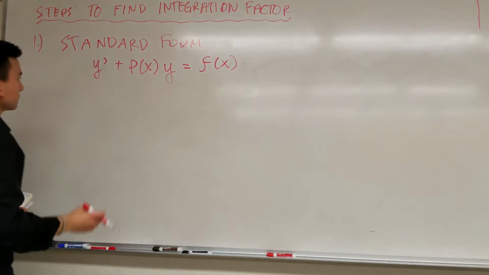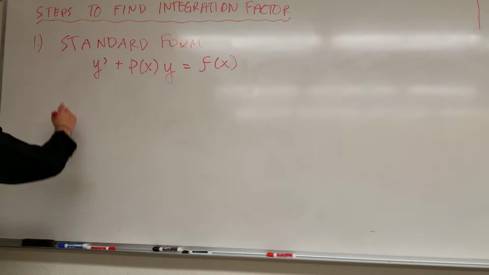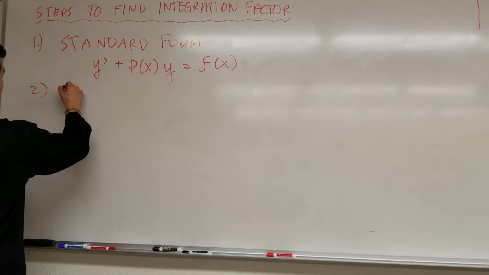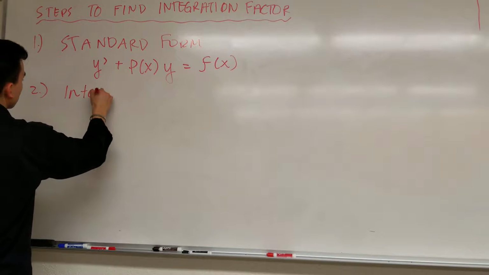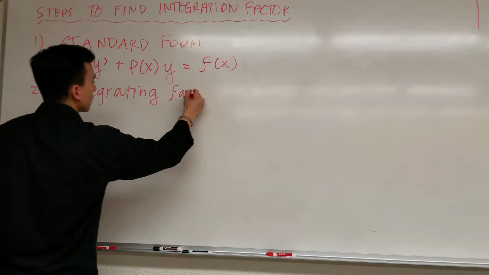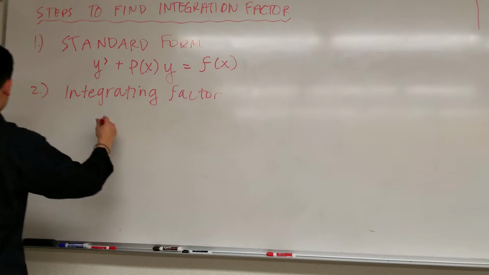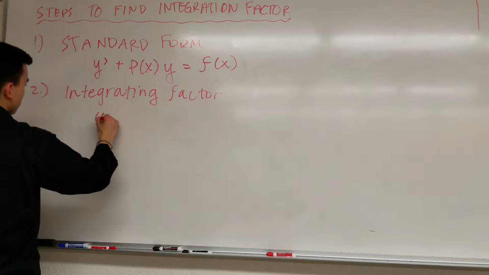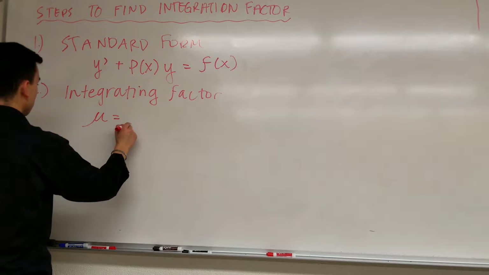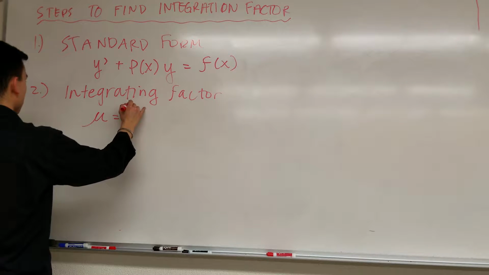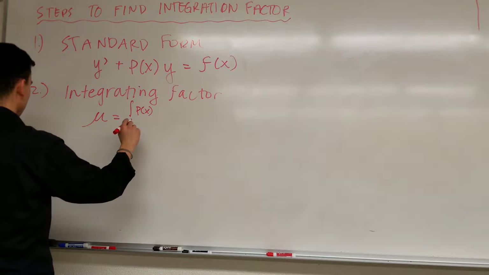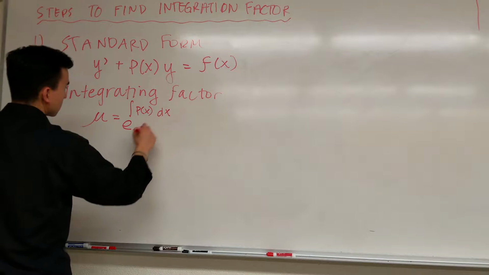Step 2, the integrating factor is found in this way: mu is equal to e to the power of the integral of p of x with respect to dx.